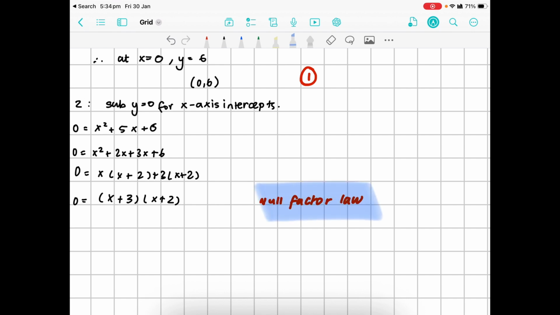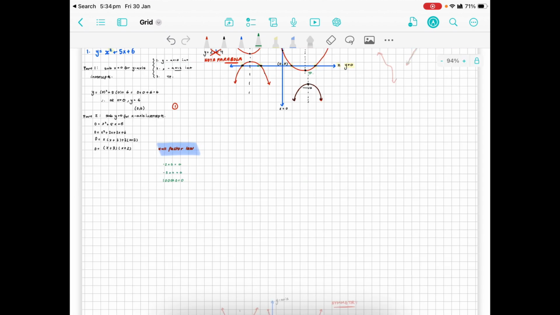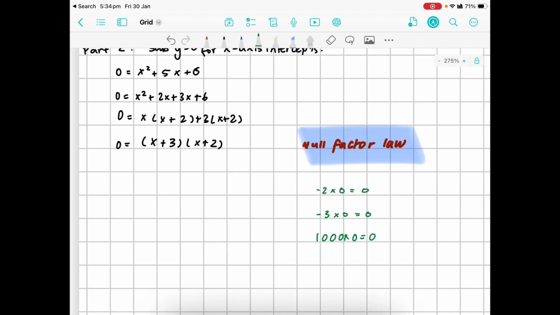This law is based on the understanding and the properties of 0. So if you do this times 0, what does this equal? 0. If you do -3 times 0, 0. 0 times 0 is equal to 0. So we know that in order to get a result of 0, one of these items must be 0.